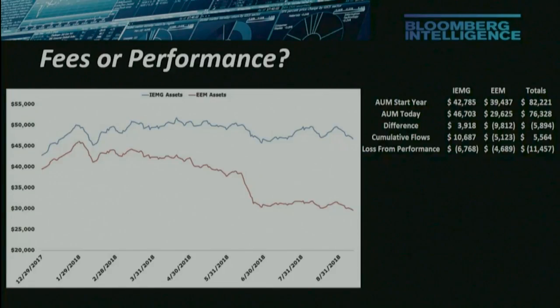But EEM trades a lot more. So when emerging markets go down, people pull money out of EEM, and they put money into IMG, a very cheap version of EEM. So you see this weird behavior that money is going into these really cheap products, and people are maybe ignoring what's happening performance-wise.